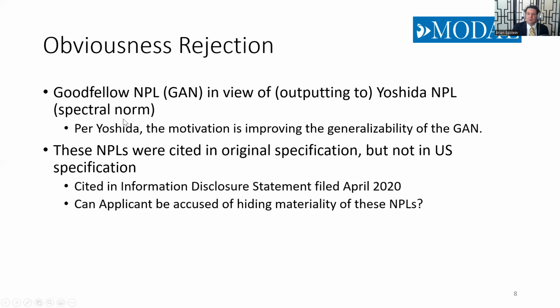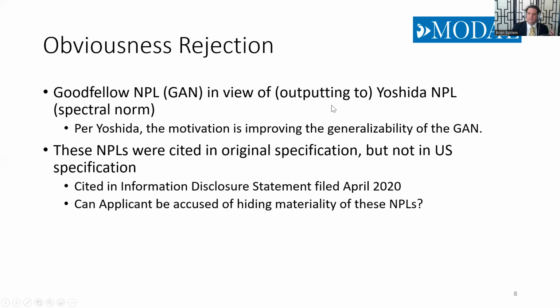There's this Goodfellow non-patent literature and a Yoshida non-patent literature. Goodfellow teaches the adversarial network we discussed before. Yoshida discusses a spectral norm. We can just modify the GAN in view of the spectral norm by outputting the outputs of the GAN to the inputs of the spectral norm.